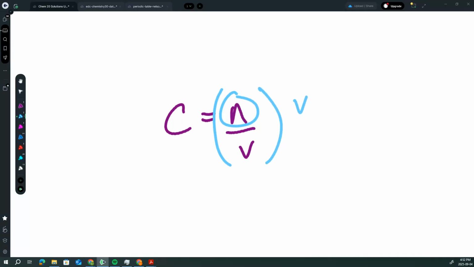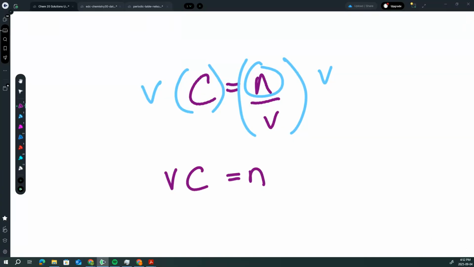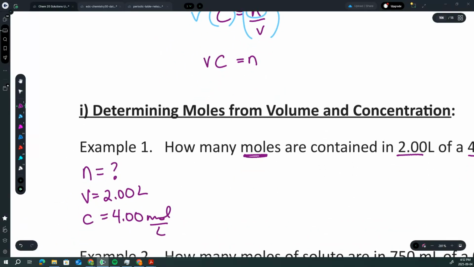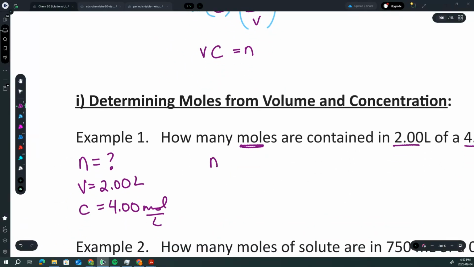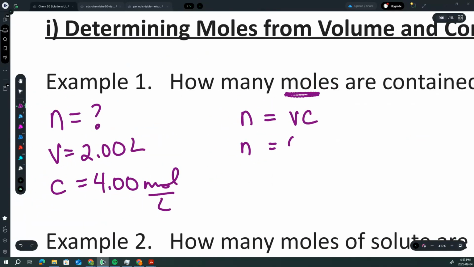So I'm going to multiply this side, and what I do to one side, I need to do to the other. So volume multiplied by concentration is going to be equal to moles. And this is going to be the formula that I need to use for this question. I'm going to flip this equation around. And now that I have that, we're just going to plug in our numbers and away we go. So we've got 2 liters times 4 mole per liter.